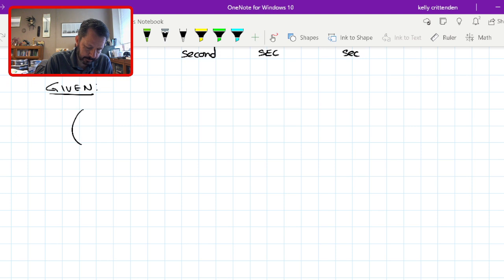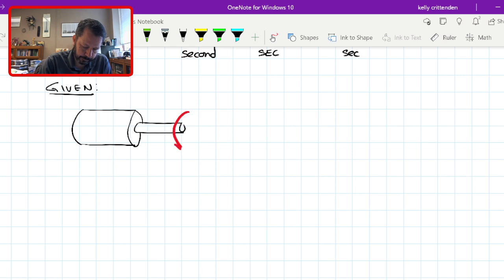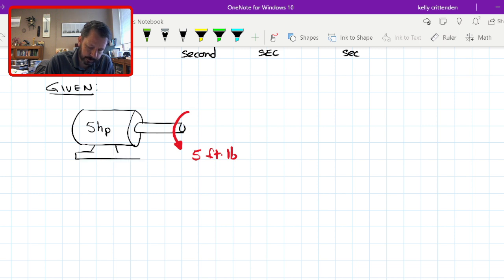We'll just make it an electric motor of some sort, and it'll have a shaft, and it's delivering 5 foot-pounds of torque, and let's call it a 5 horsepower motor. We'll put some little stand for it to sit on, so it's bolted to the table somewhere.